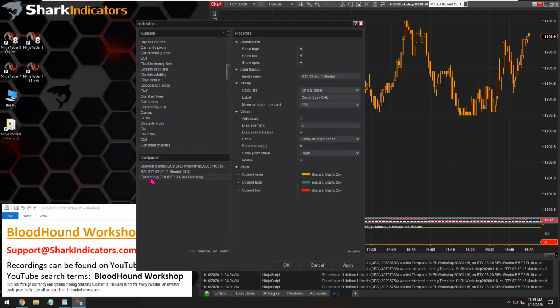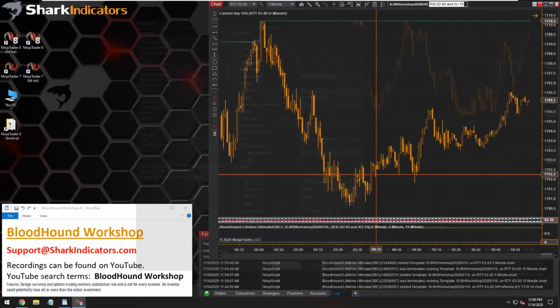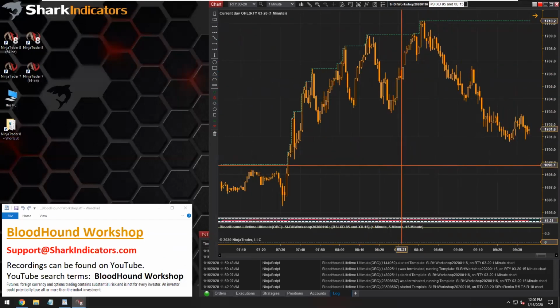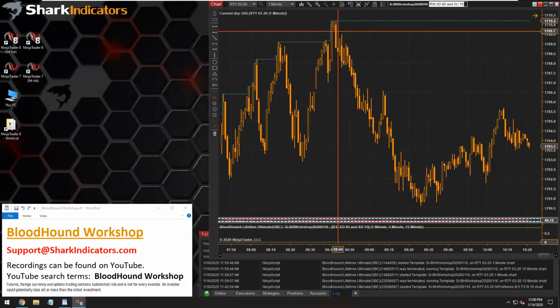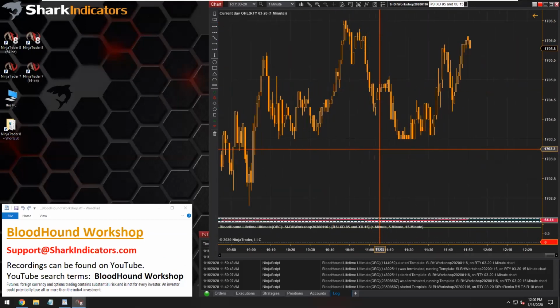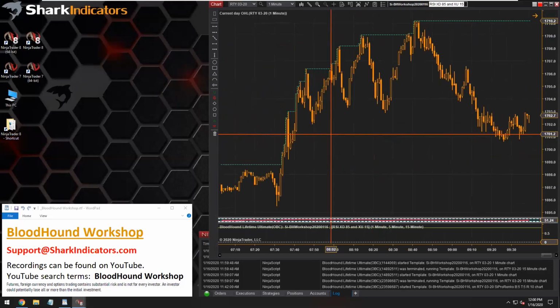I'm going to use this to track the high of the day and the low of the day. I'm going to turn off the open, since I don't need to track it. There we go. So there are some highs. It looks like the highs for today were made earlier this morning, and we're in the middle of today's range.